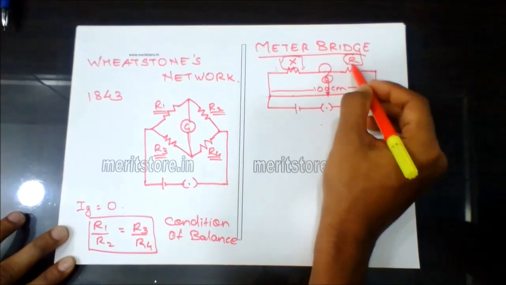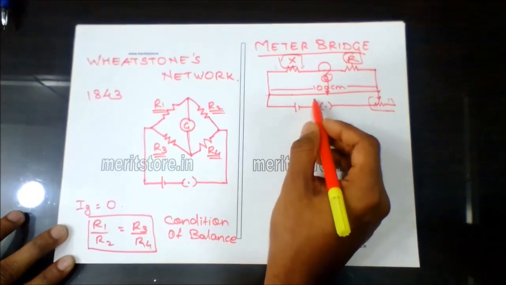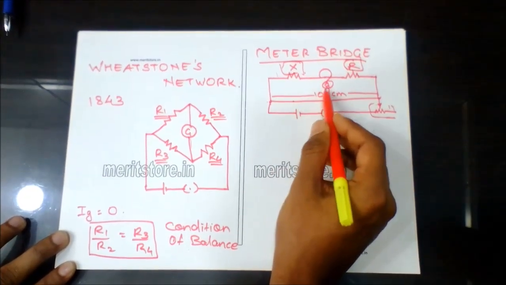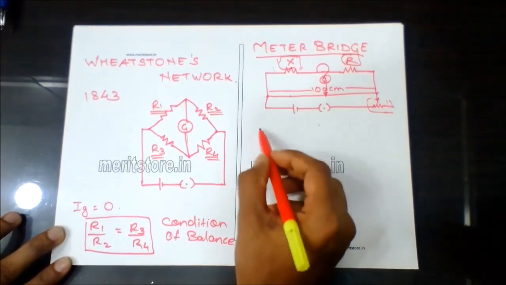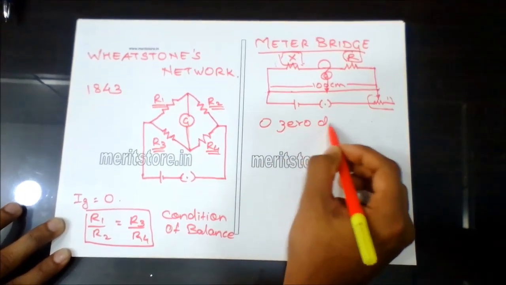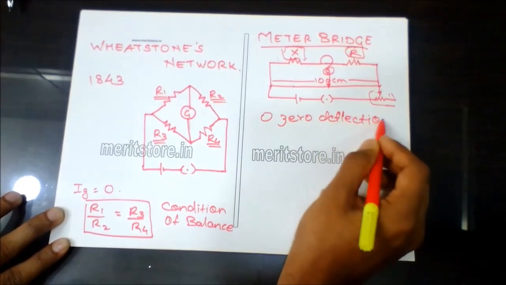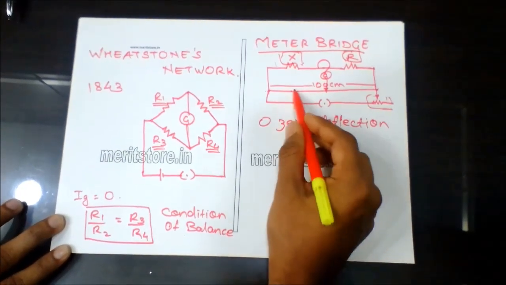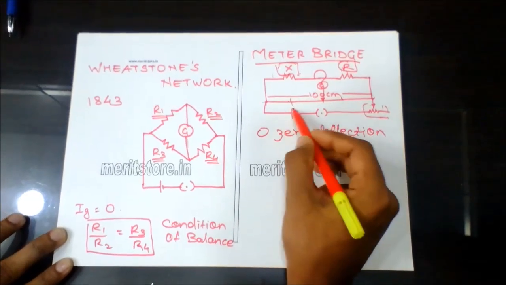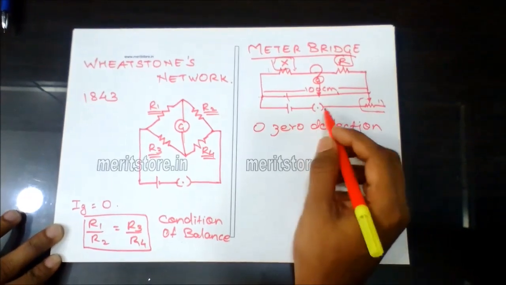This resistance R value is selected suitably, and it is preferred that the galvanometer should show zero deflection in the middle 1/3 of the wire. That is selected for better accuracy of the results.